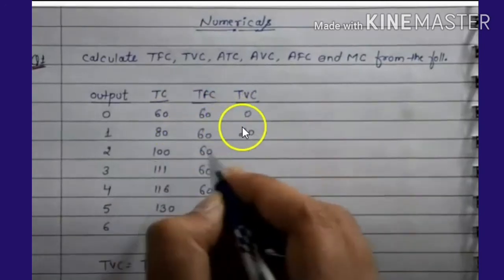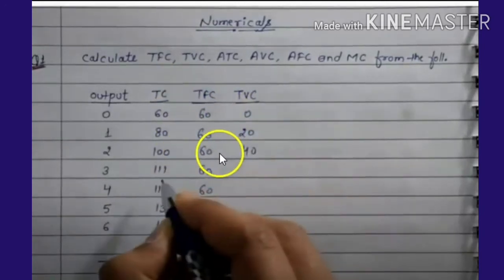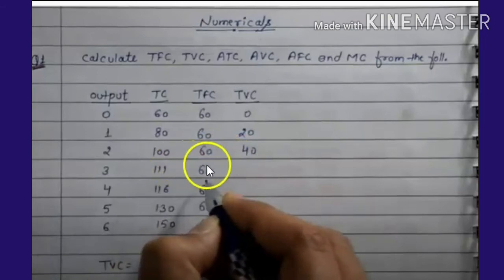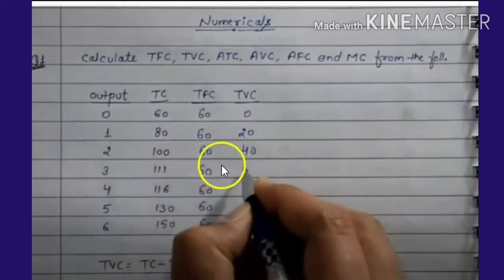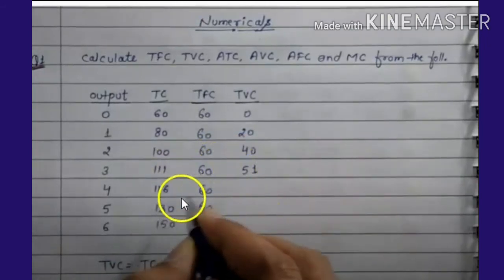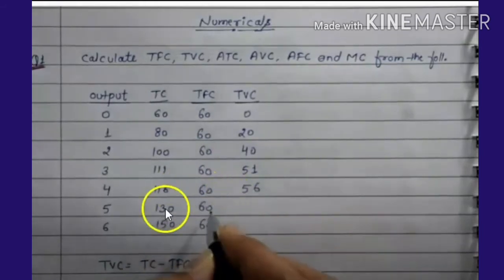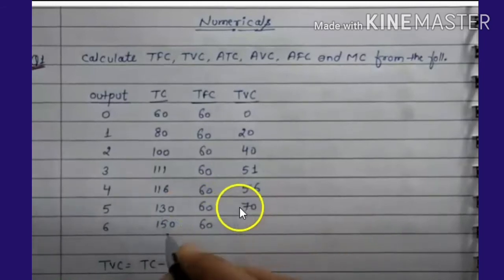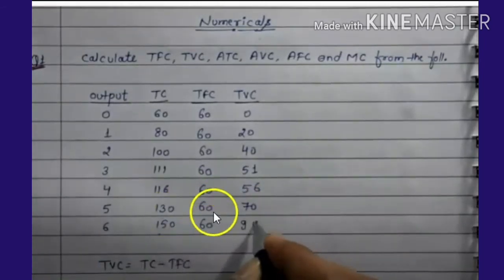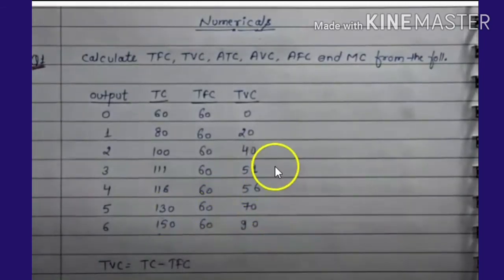Then subtracting these two, 20. Then subtracting these two, 40. Then subtracting these two, you will be getting 51. Then here subtracting these two, you will be getting 56. Then subtracting these two, you will get 70. And subtracting these two, you will be getting 90. So hope you understood the steps.